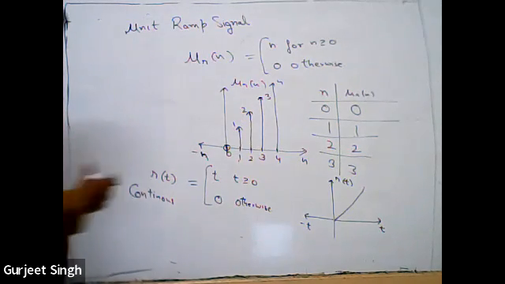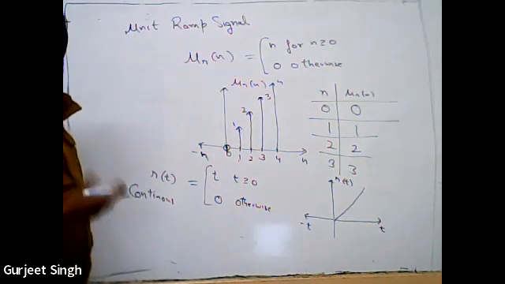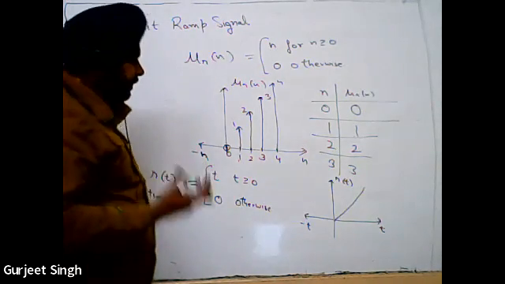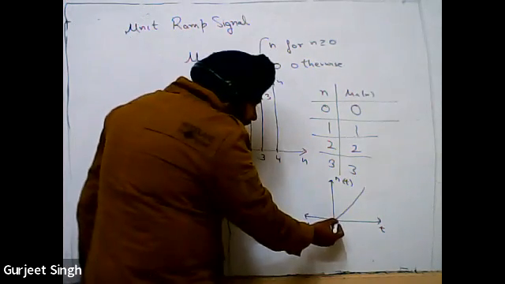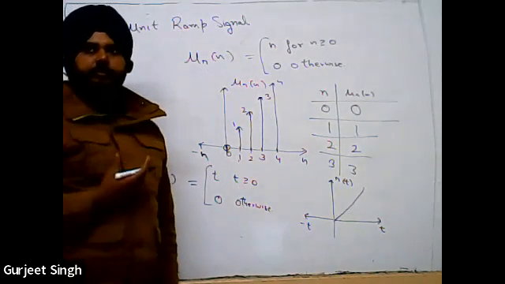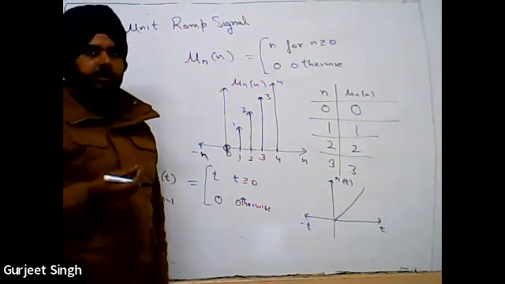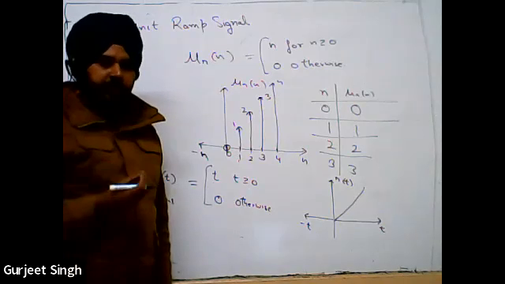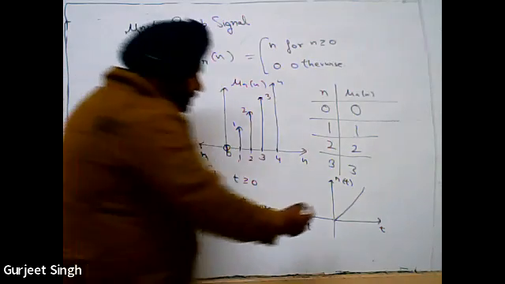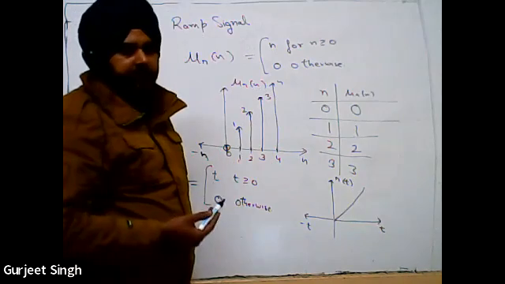It is a straight line for the continuous time signal, because continuous time signals have values at every instant of time. In the first lecture I explained that continuous time signals have a value at every instant, like 0.1 seconds, 0.2 seconds. So we represent it basically as a linear line.